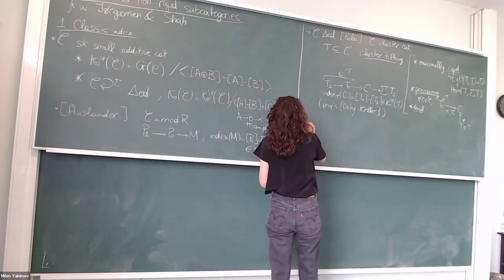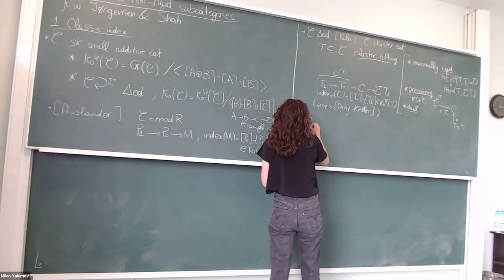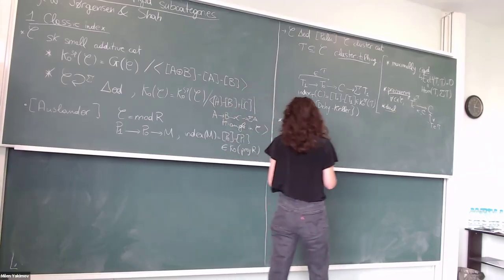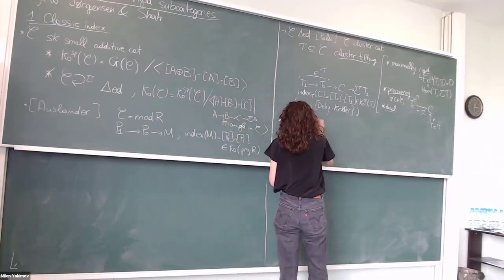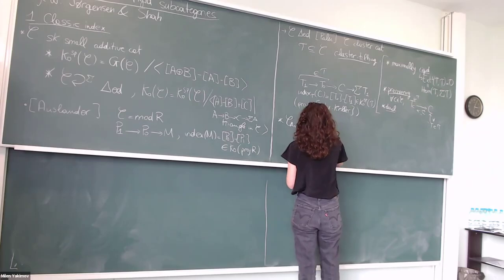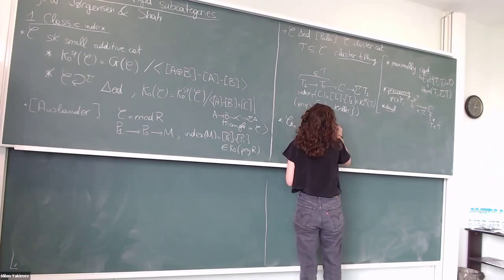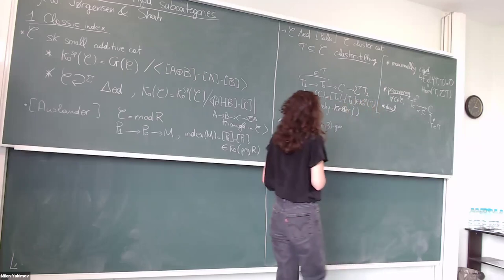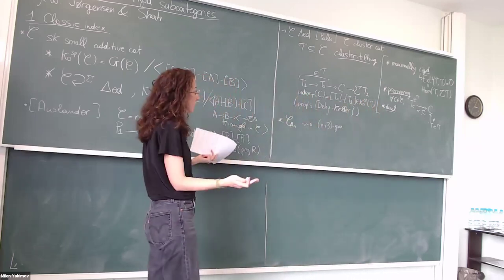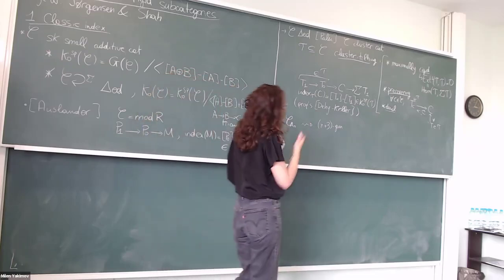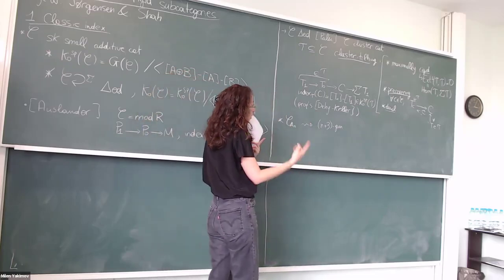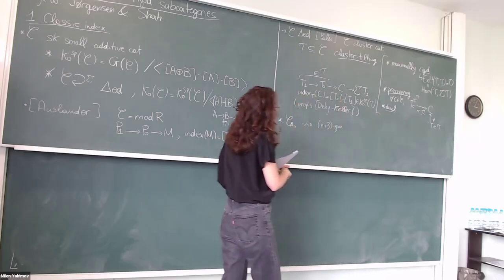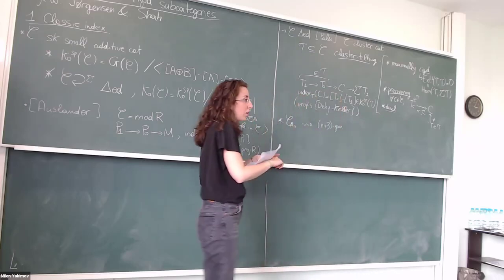So I guess the first example is this cluster category of type A_n that we also saw in the previous talk. And it's modeled by an (n+3)-gon polygon. And then basically here, the indecomposables correspond to arcs in my polygon. Two indecomposables have non-zero Ext between them if and only if the corresponding arcs cross.